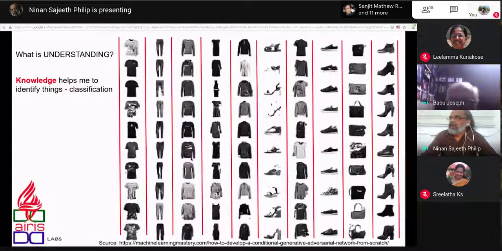So I know that in each of these columns, any of the objects that I see are of a particular type because I have learned how to classify them. So classification was the job of traditional machine learning tools, where I would ask the machine to classify a particular kind of object into a particular group and then tell me what it is. So for classification, the machine needs knowledge.